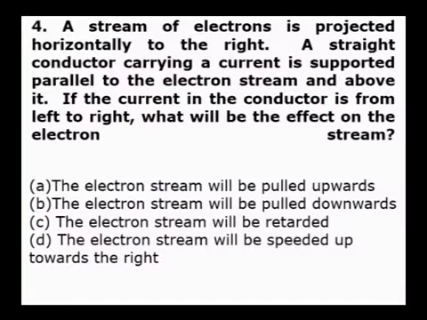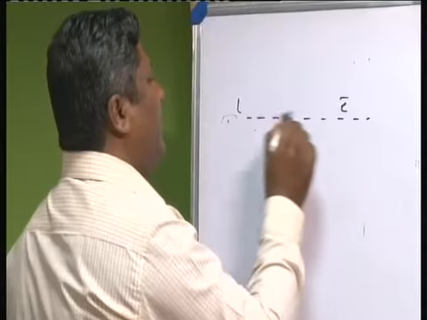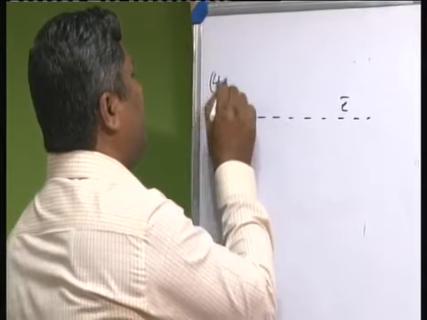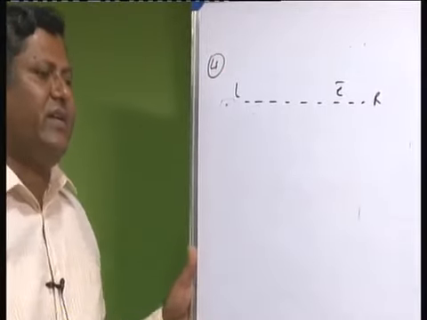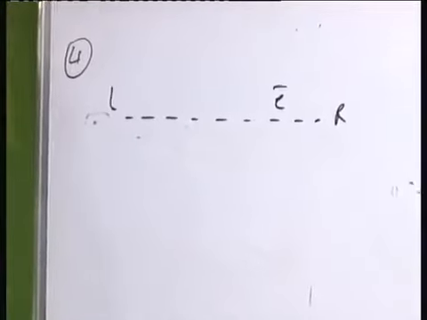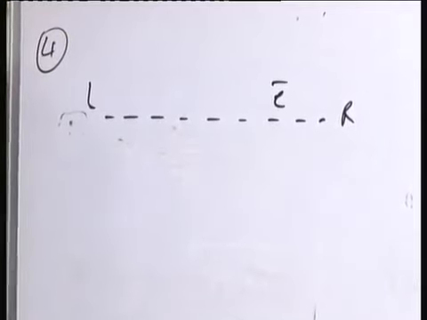In this question it is given that a stream of electrons is projected horizontally to the right. So electrons are moving from left to right. This is question number 4. A straight conductor carrying current is supported parallel to the electron stream, and above it.